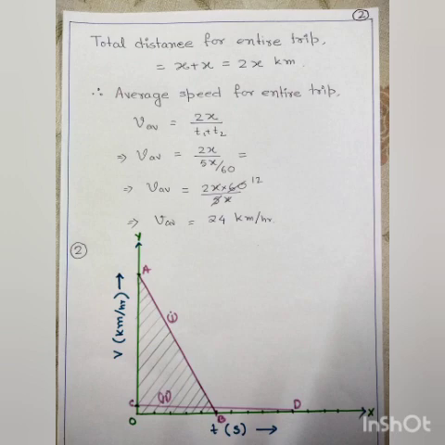Another driver going at 3 km per hour in another car applies his brakes slowly and stops in 10 seconds. On the same graph paper, we have to plot the speed versus time graphs for the two cars. And next, part B, we calculate the distance traveled by the fast car before it comes to rest.